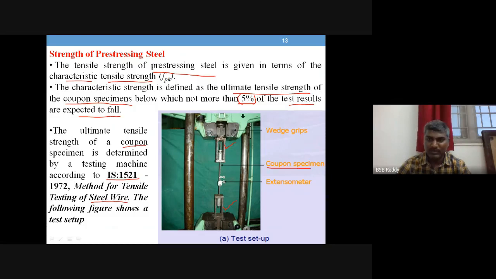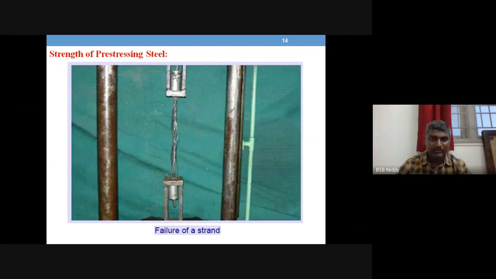This is the specimen, this is the extensometer to measure the elongation, and these wedge grips are used to hold the specimen. Here you can see the failure of the strand.